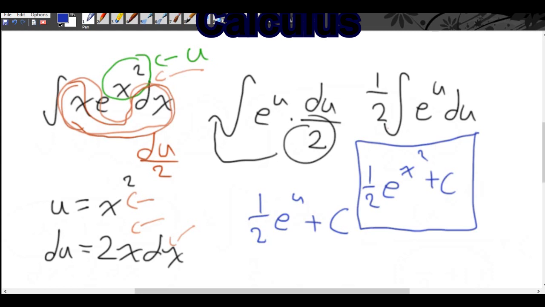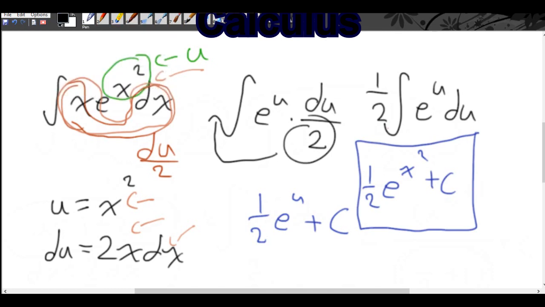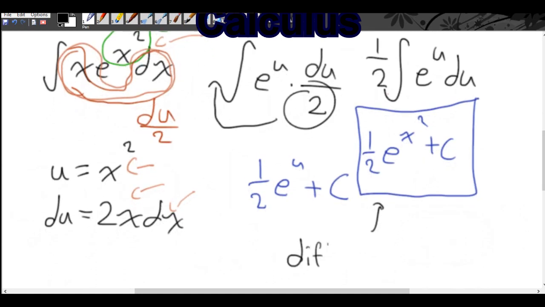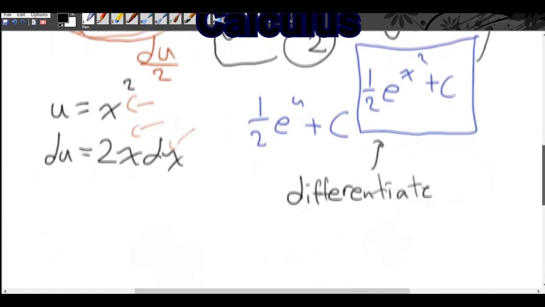This right here is our integral. Now, if you're uncertain about this answer, if you differentiate this function here, it should revert back to its original form. So let's test that hypothesis.